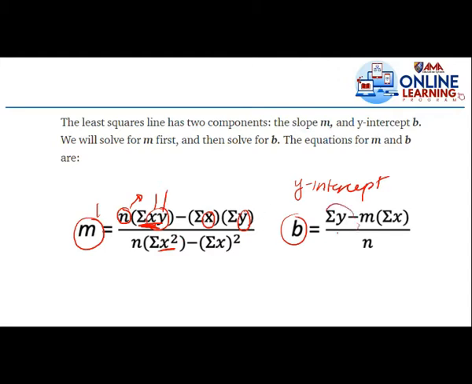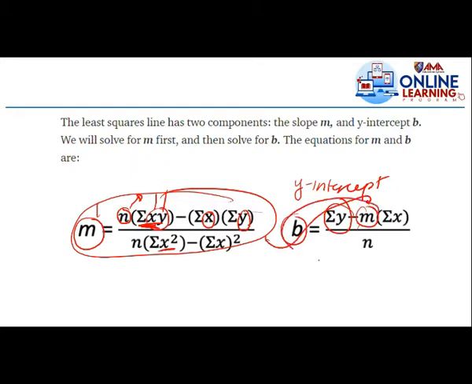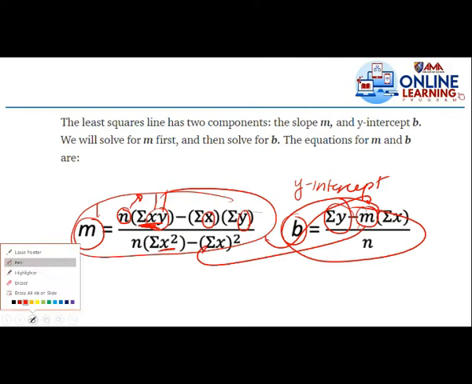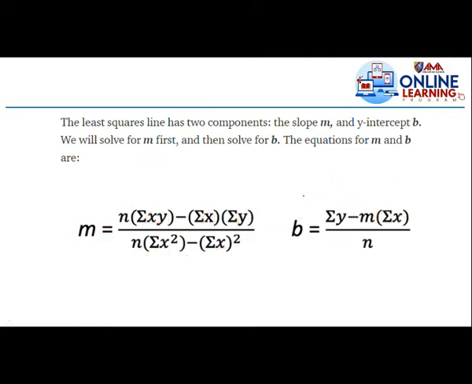Then the summation of y, which is the range, then the slope. After solving for the slope, you can now solve for the y-intercept, because this is its formula. It needs the value of m, or the slope, before you can get the y-intercept. Then the n is the number of observations or population of the data set.